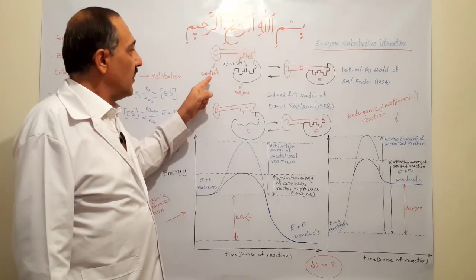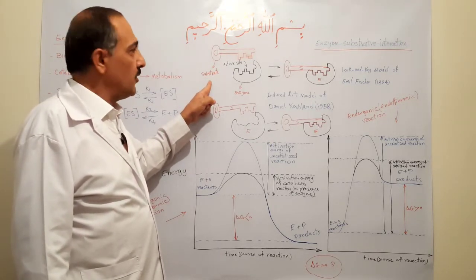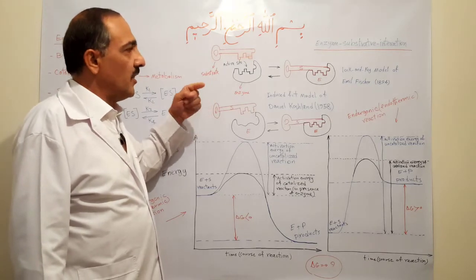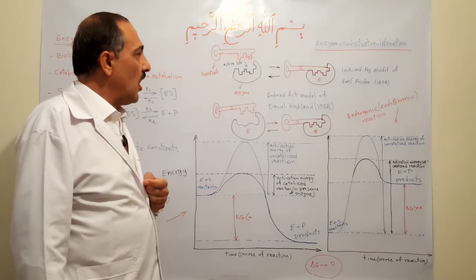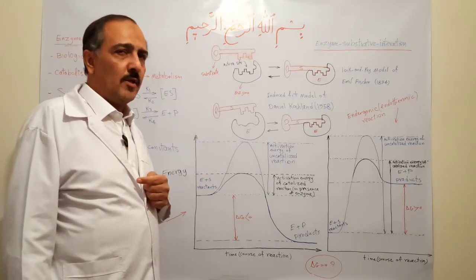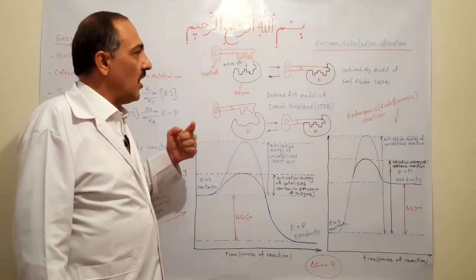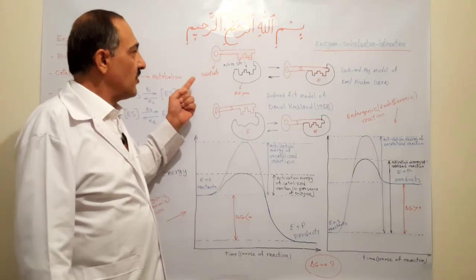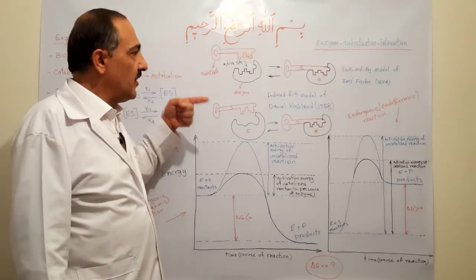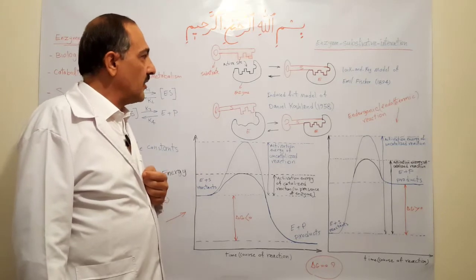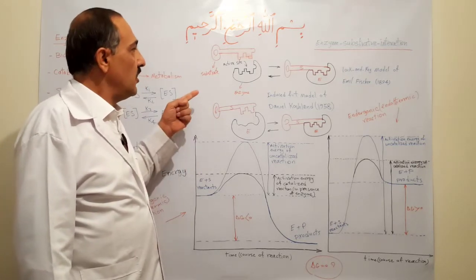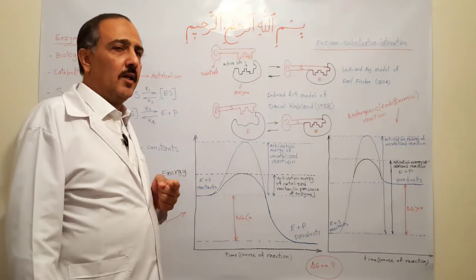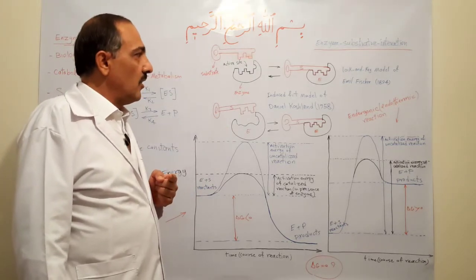In this model, the substrate molecule acts like a key which is fitted to the active site of the respective enzyme, which acts like a lock. Actually, the substrate molecule is fitted to the active site of an enzyme like a key is fitted to its respective lock.